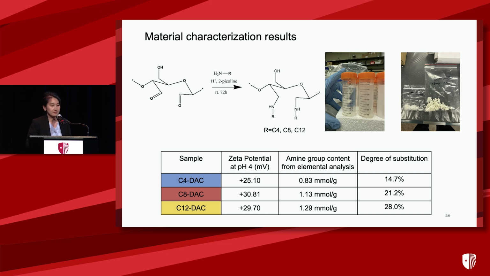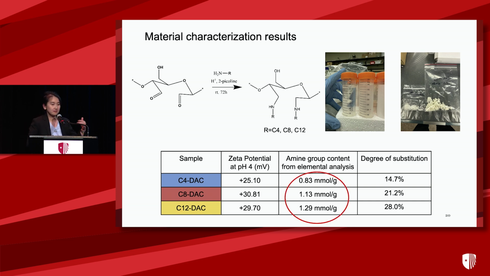And we were trying to further improve the short-chain PFAS removal by further surface modifying this nanocellulose, increasing the side alkyl chain on the amine functional groups, as you can see here. So we are trying to increase the hydrophobicity on the side chain of the amine functional groups from C4 to C12.